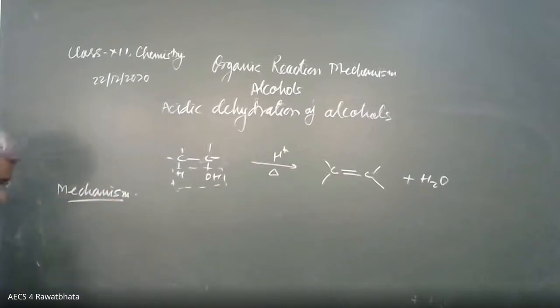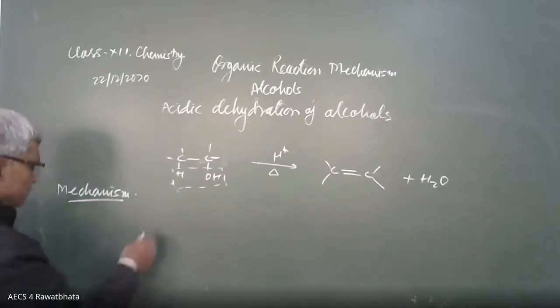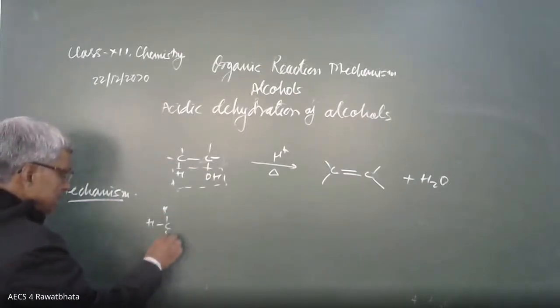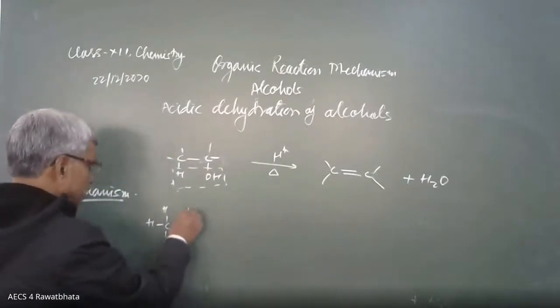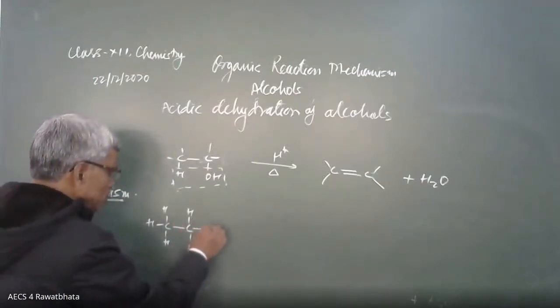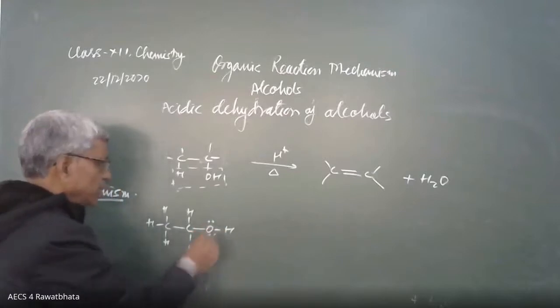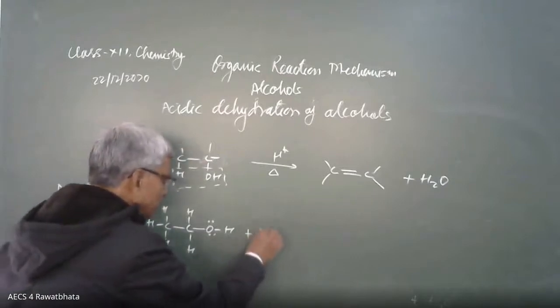In the first step there is a protonation of alcohol. The example is taken like this. Here is H, here is H, here is C, here is hydrogen, here is OH. Oxygen has two lone pairs of electrons. This is going to join with the H positive.